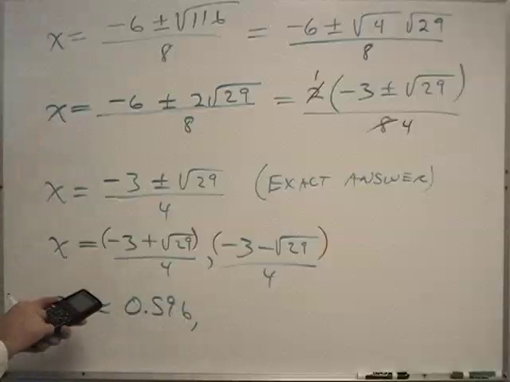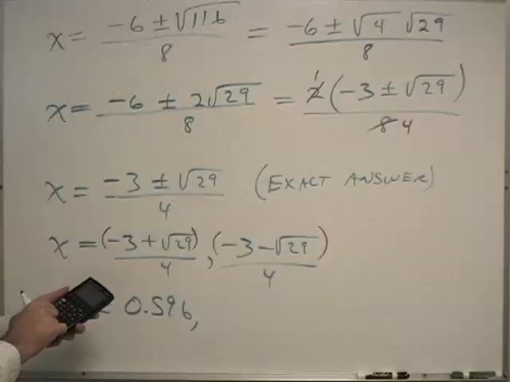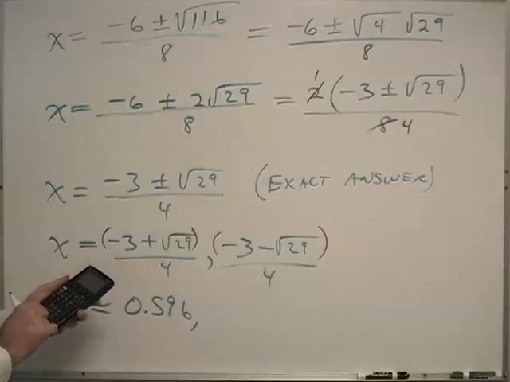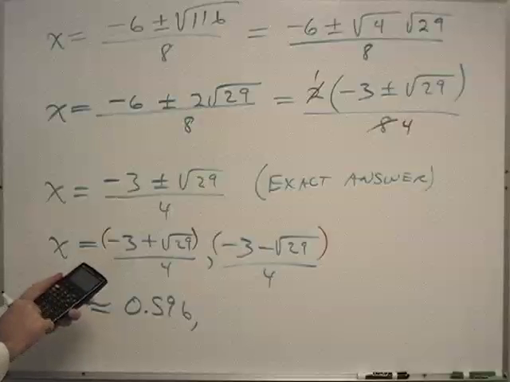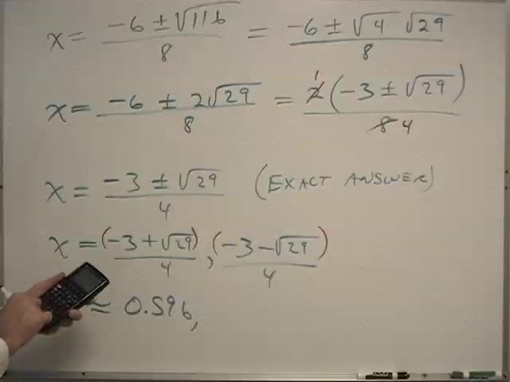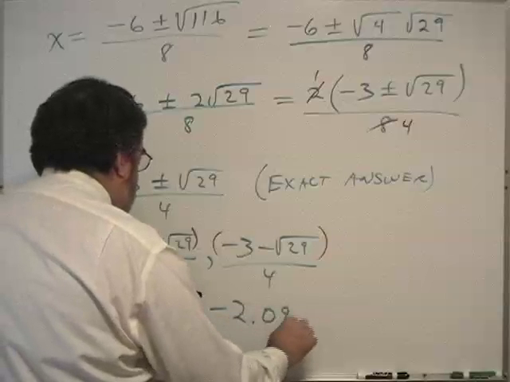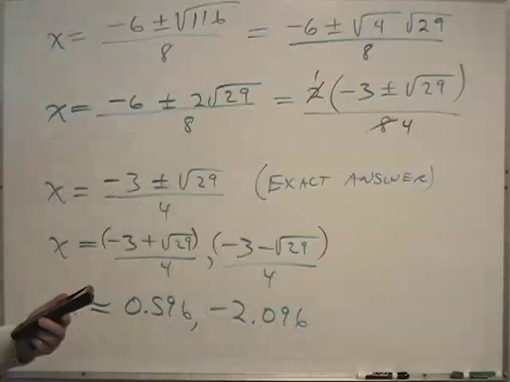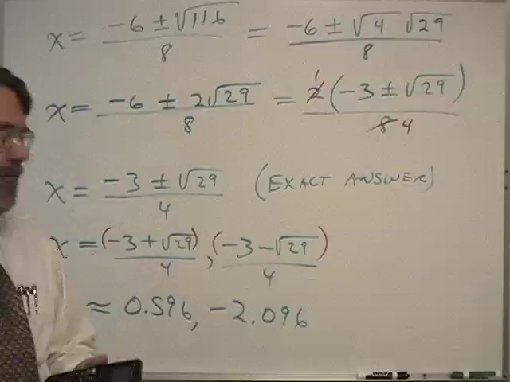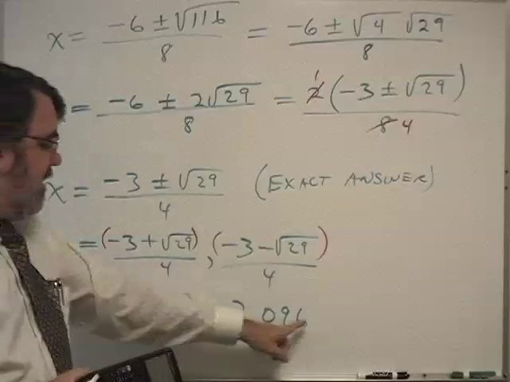And on the other one, here's how I'm punching it. Left parentheses, -3 minus square root 29, right parentheses, divided by 4, enter or equal, -2.096. Now, neither of these needed to be rounded up because the next decimal was a 2.